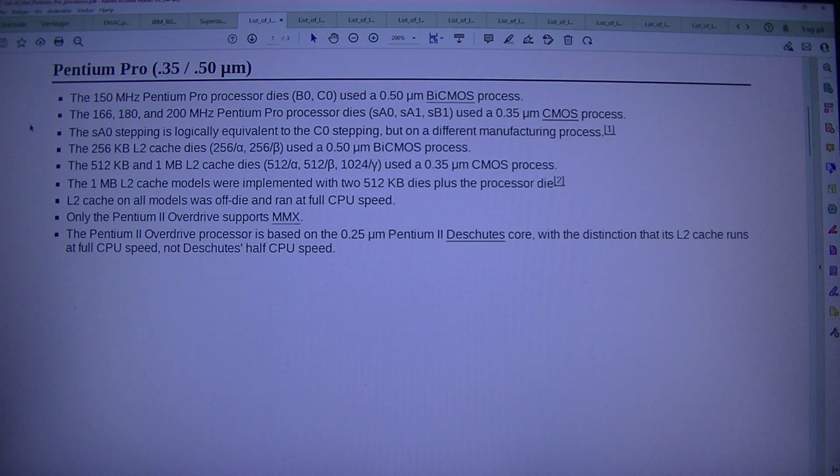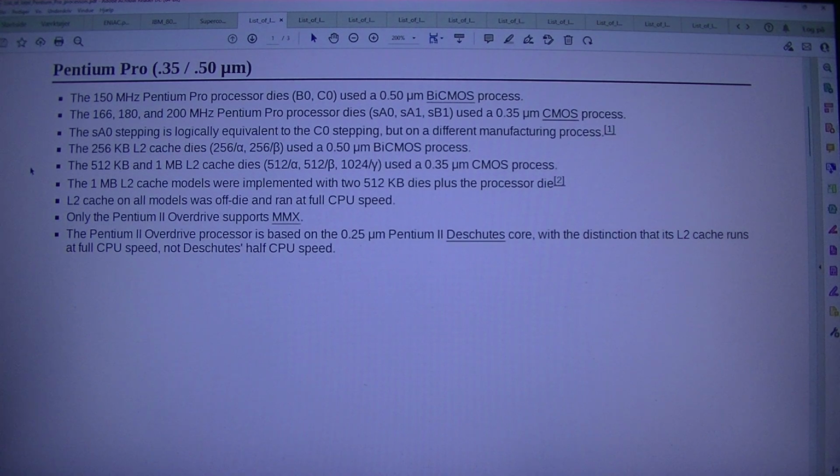1. The 256 kilobyte L2 cache dies, 256/alpha, 256/beta, used a 0.50 micrometer BiCMOS process.